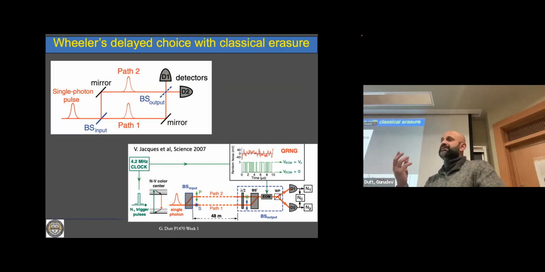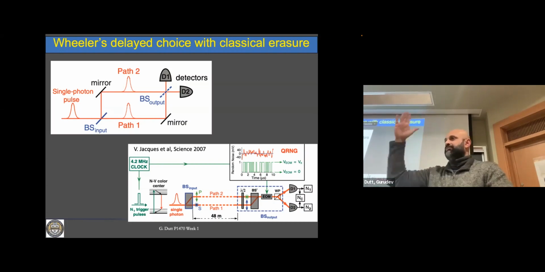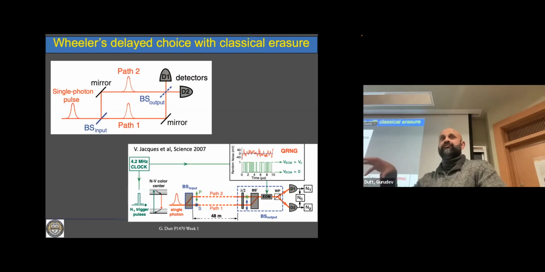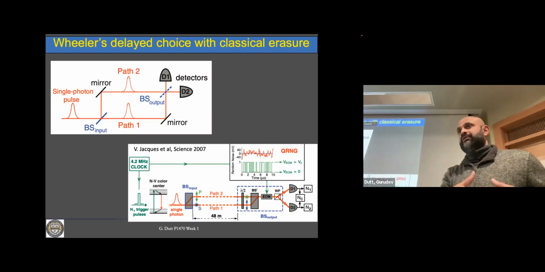There's some hidden variable that tells the electron, or photon in this case, which we can't observe, which path to go on, or to behave like a wave when that variable is at the right setting. So there might be a variable which says, okay, behave like a particle, or behave like a wave. And this variable is somehow baked into the system. And the decision of when it's going to behave like a particle or a wave would then have to somehow propagate back to the photon even before it entered the system, right?